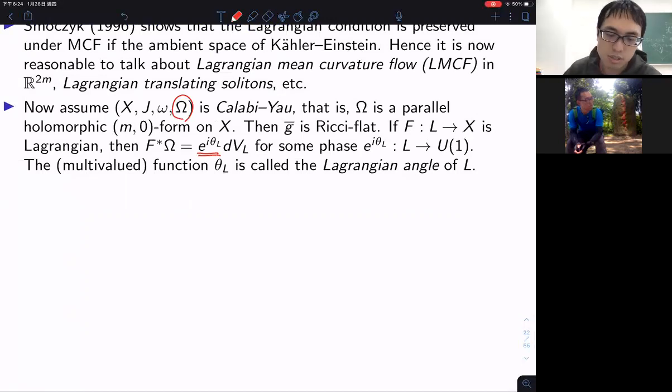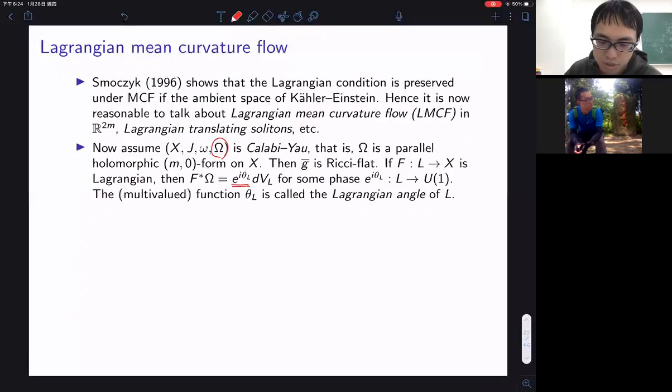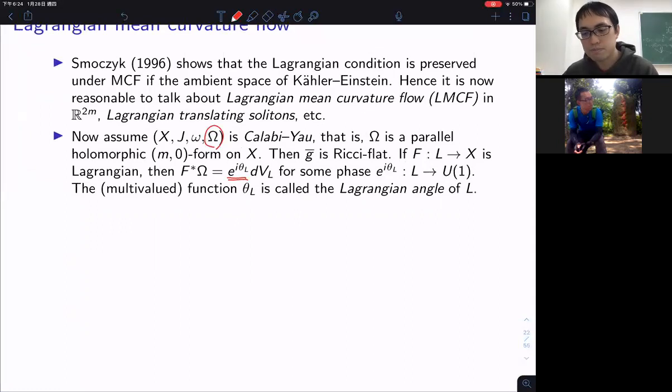So we can write it as the exponential of i theta_L. So this is the phase function on L, which is just a map from L to U(1). And we can take the logarithm of this phase function to get a multi-valued function theta_L, and this will be called the Lagrangian angle of L.